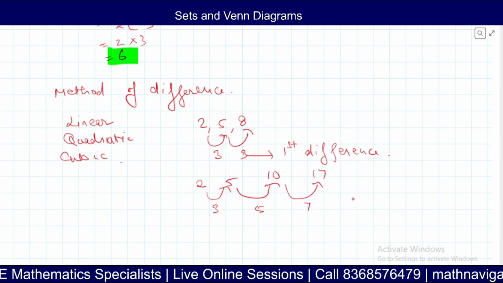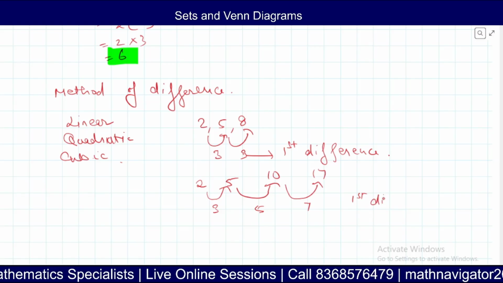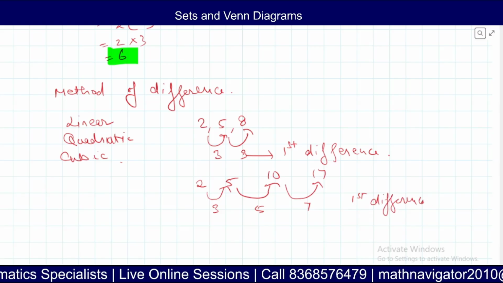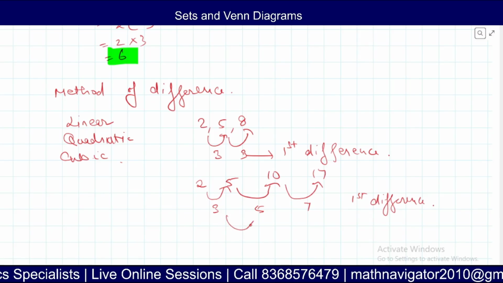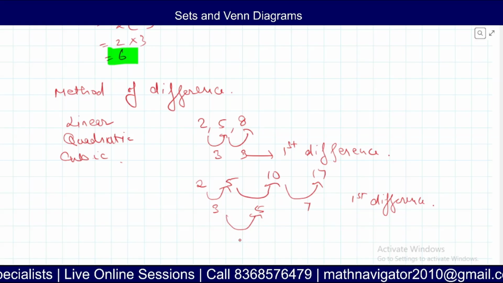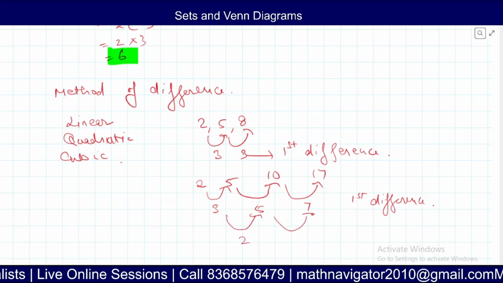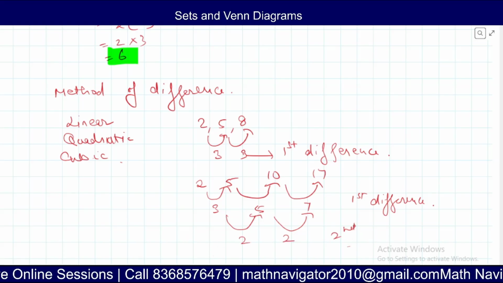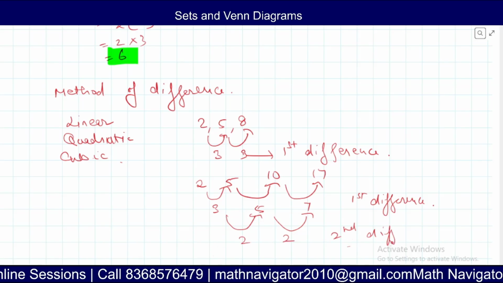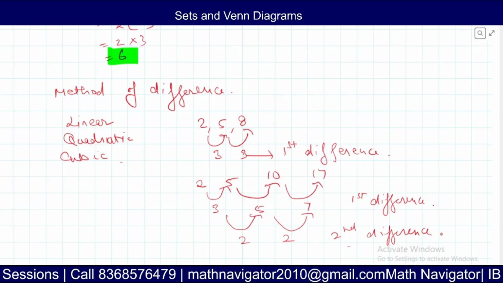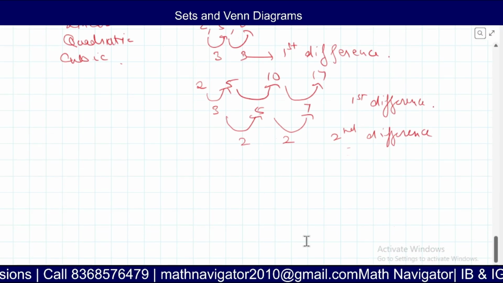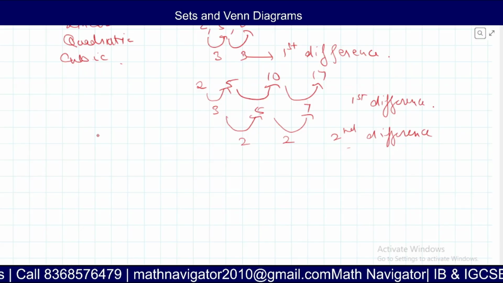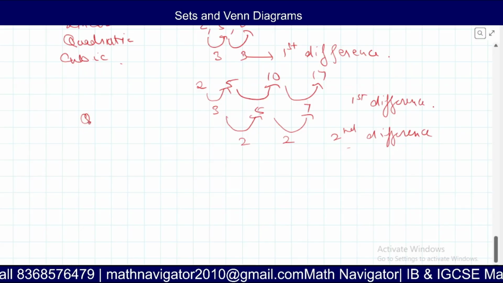So my first difference is not constant. Got it? Then let's check. 5 minus 3 is 2, and 7 minus 5 is again 2. Perfect. So my second difference is constant. So when my second difference is constant, I call it a quadratic sequence.